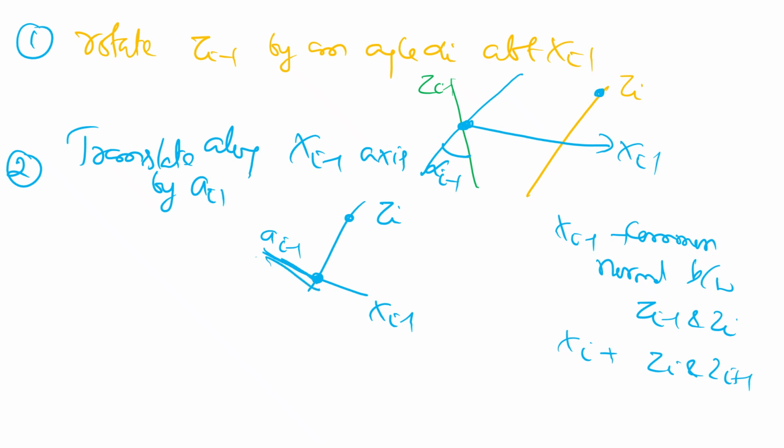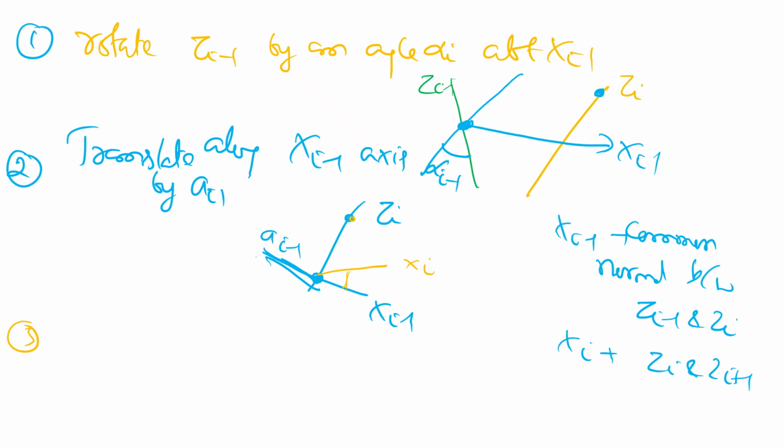Okay. Now it is like this, and then here your xi is, so this is the point. Okay, so the common normal is like this. So this is my common normal xi. Okay, so this is a common normal between zi and zi plus 1. Okay, so you can see the angle difference. So you have this angle. So how do you manage this?